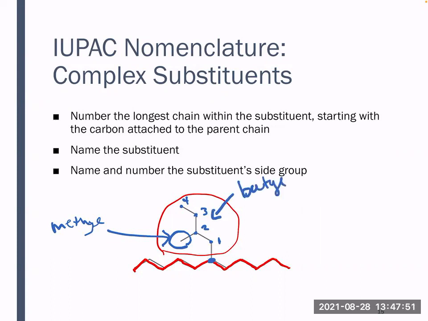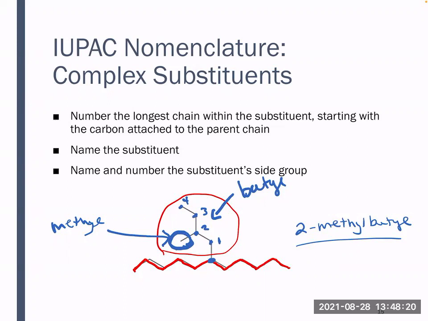So to name this side group or the substituent, I would call it 2-methylbutyl. That's the name of the whole substituent. 2-methyl, that is this group here. It's on carbon 2 of the side chain, and it's a methyl group. And butyl comes from these 4 carbons here.